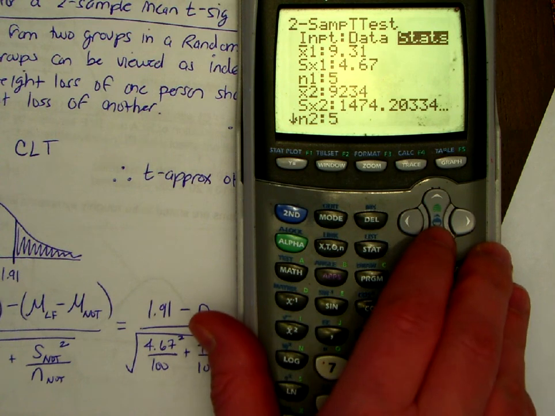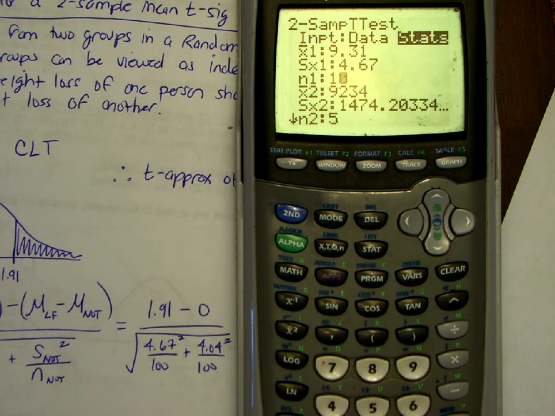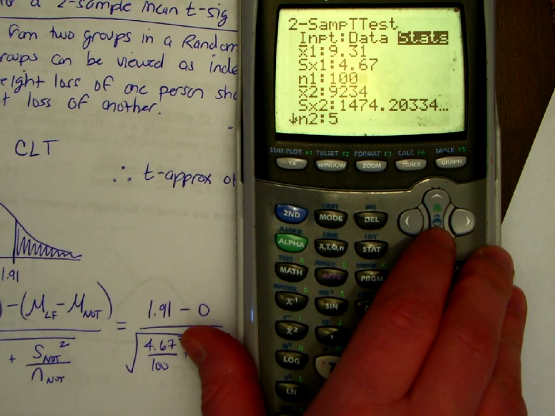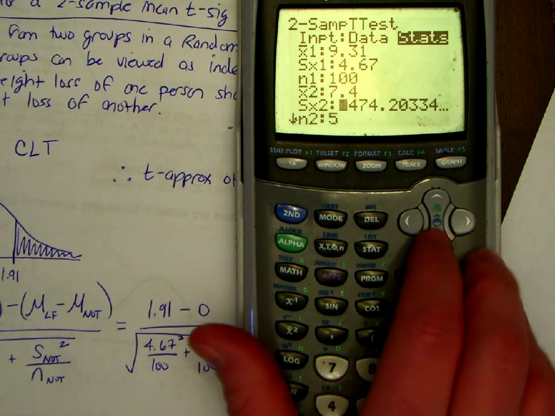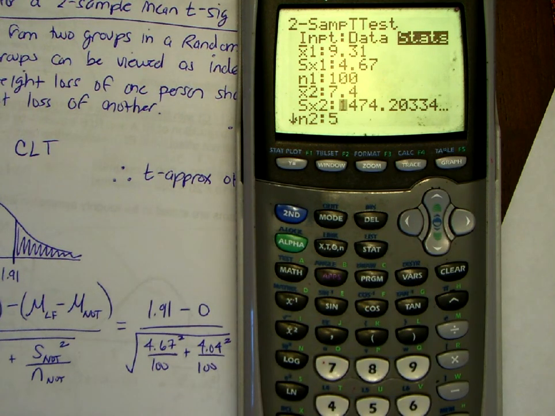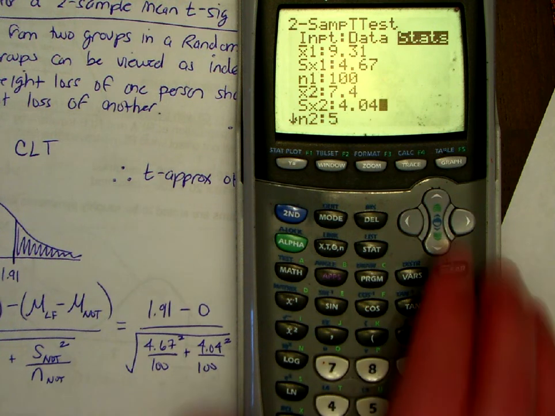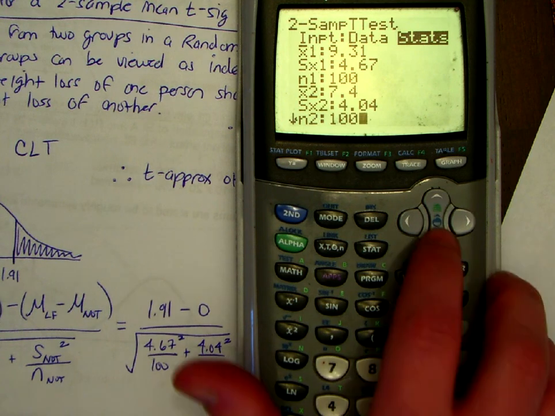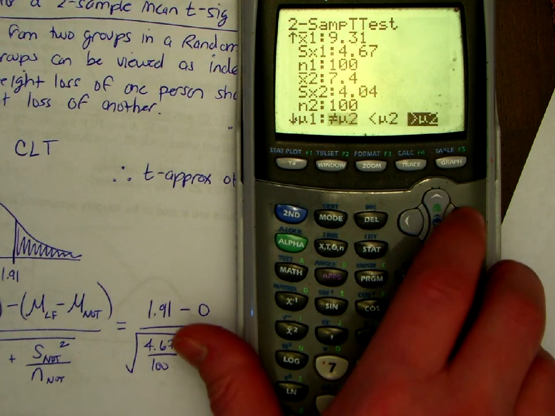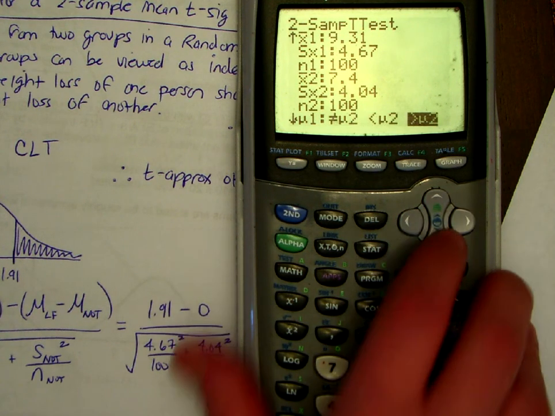If not low fat was larger, that would go into my x1, s1. And then x bar 2 is 7.4 and 4.04. And then I had 100. And we are doing a greater than, so go ahead and just do that.